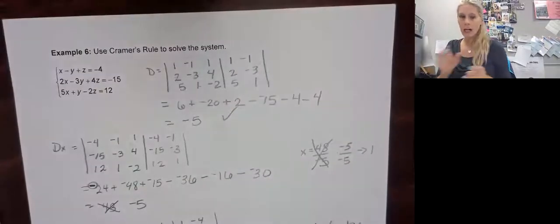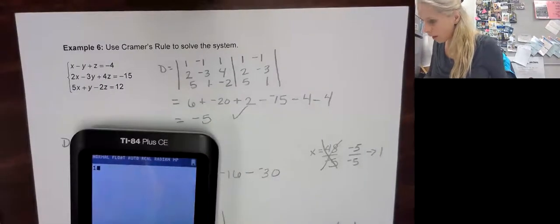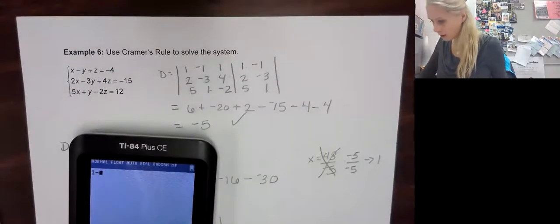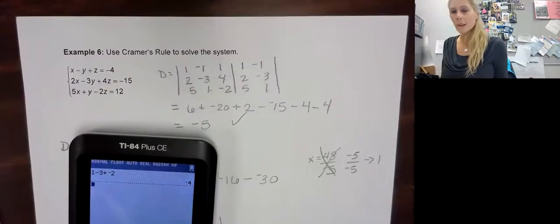Now you can see if you plug in to the very top, I would get 1 minus our y value, which is 3, plus our z value, which is negative 2, and I get negative 4. I can double check that again.